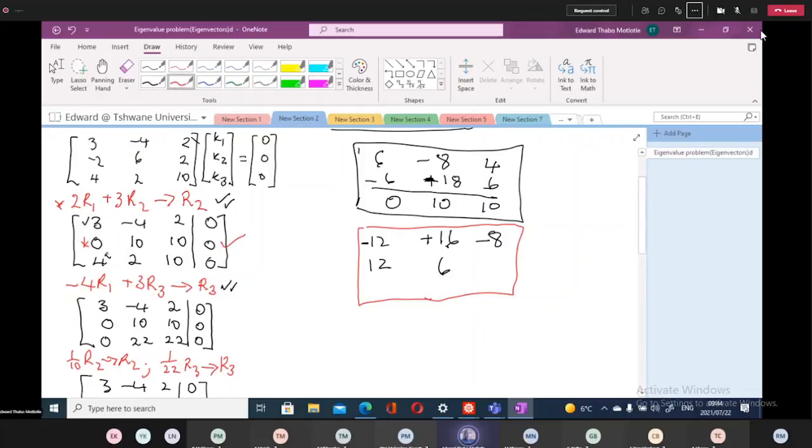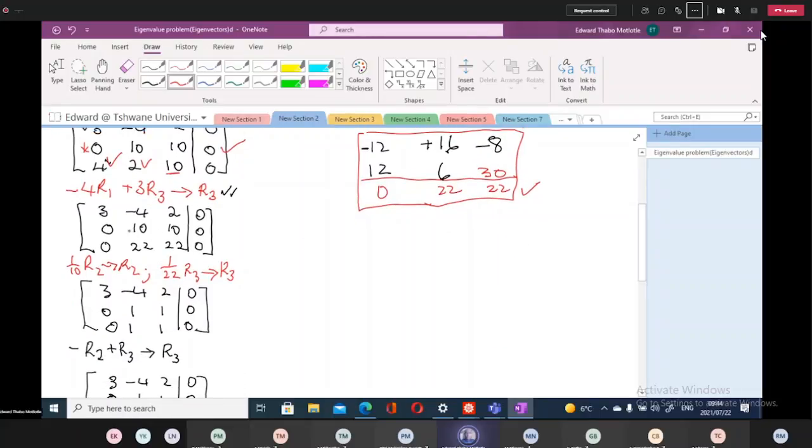It gives me 12. This one, by multiplying by 3, is 6. And if you multiply 10 by 3, what do you get? Seems like something is wrong there. 30. Okay, now I get it. So this is 0. If we add these 2, it gives you 22. We add these 2, it gives you 22. So this means I'm correct. Okay, so that's how I have achieved these two equations.